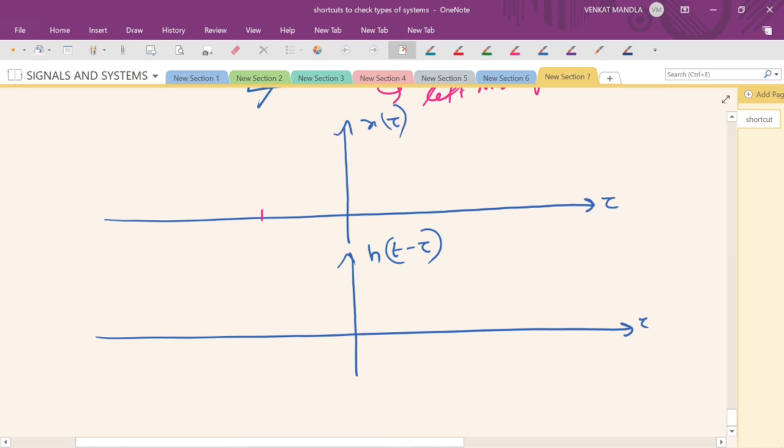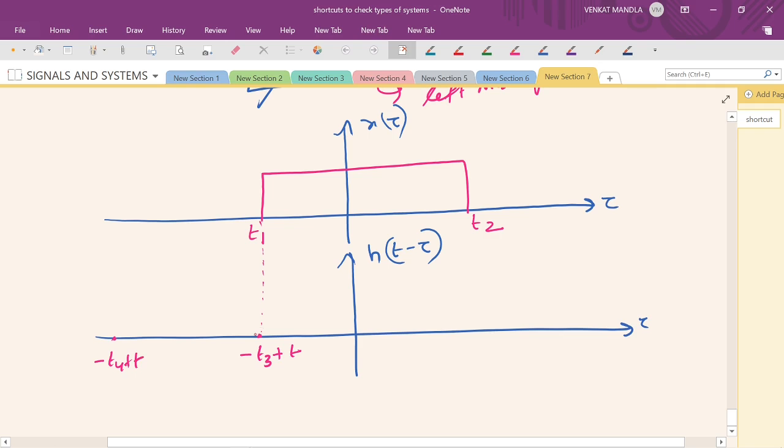This is x of tau from t1 to t2, and h of minus tau plus t we will draw exactly at this point: this is minus t3 plus t, this is minus t4 plus t. This is the signal.